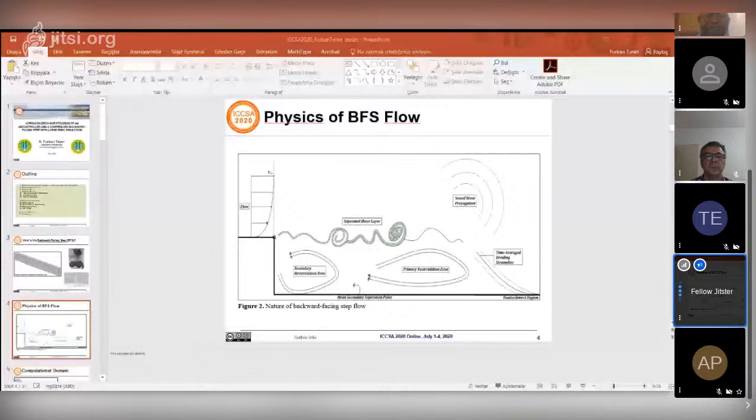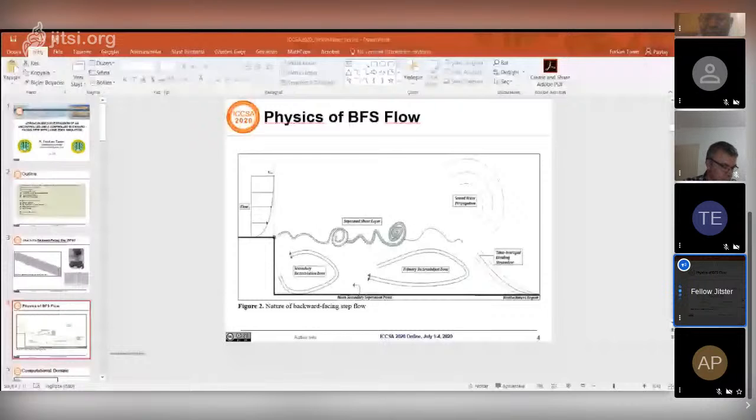Mesh 4 was equal to 3.3 million cells, and it gave us the best computational results. We solved our turbulence model using large eddy simulation, under which we have a subgrid scale model, and among them, the kinetic energy transport model is chosen as the best candidate.